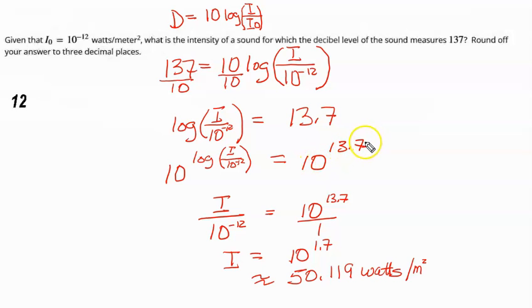This side just becomes a 1, which is this, and this is over 1. If we do cross multiplication here, this is I, and this will be this minus 12, which gives us a 1.7. 10 to the 1.7 power comes out to be this, rounded to 3 decimal places.